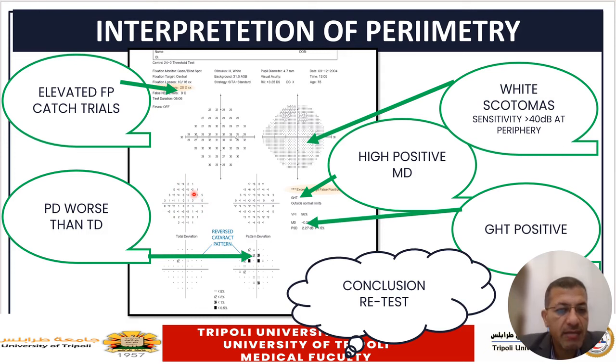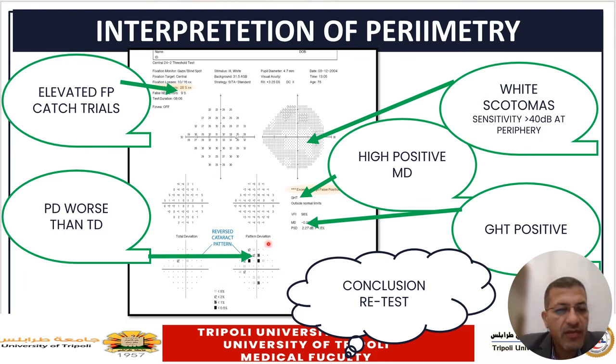So when we subtract the 7th best percentile to extract the pattern deviation, we will extract a large amount from these numerical values. Accordingly, the pattern deviation will be worse as compared to the total deviation.